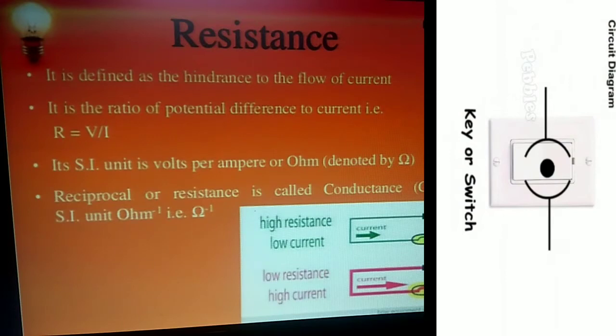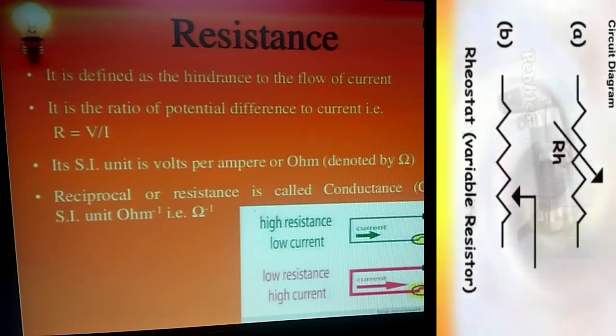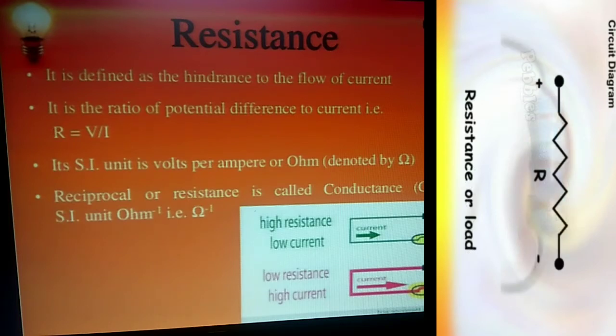The first circuit is showing high resistance and low current, and the second diagram is low resistance and high current. How can we say this is high resistance and low current, and that is low resistance and high current? By seeing the diagram?